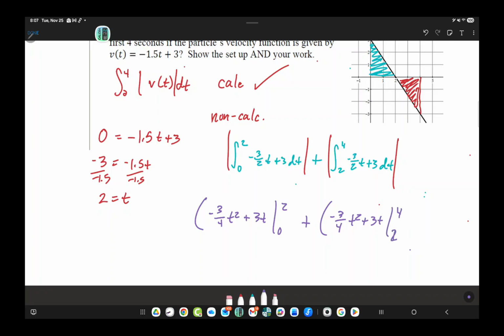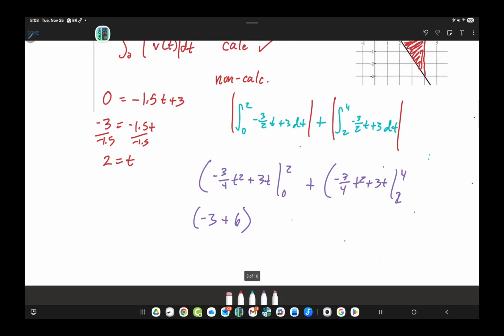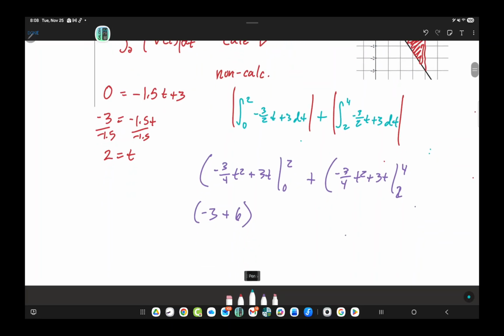Plugging in 0 just makes it 0, and I only have to plug in 2 once, really. So plug in 2, I get negative 3 plus 6, which gives me 3. Looking at the graph, we did tell that this one was going to be the positive value, so that's just 3. I don't have to worry about taking the absolute value of that. It's already positive.